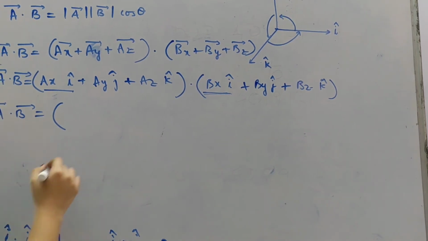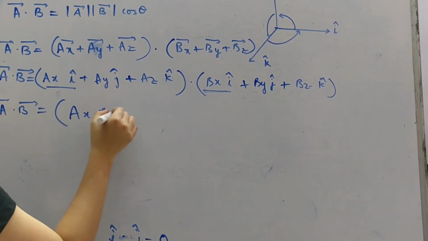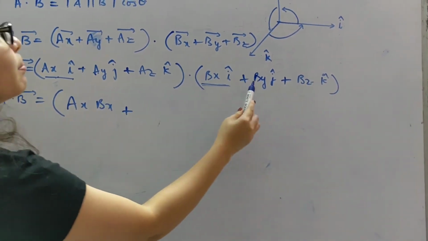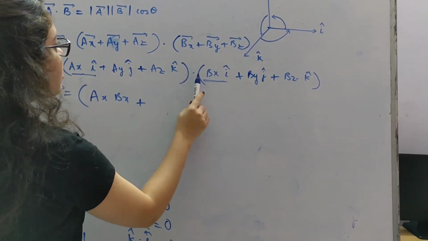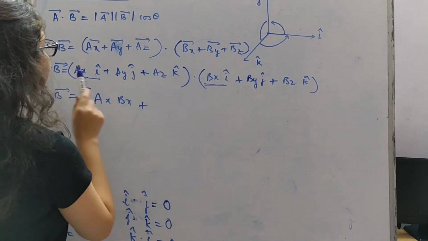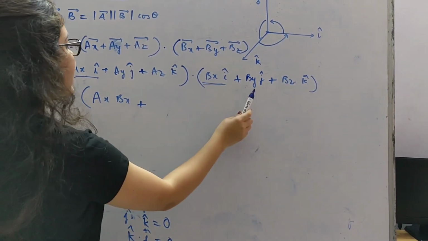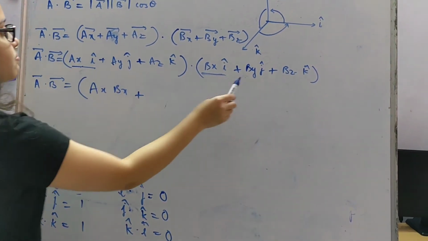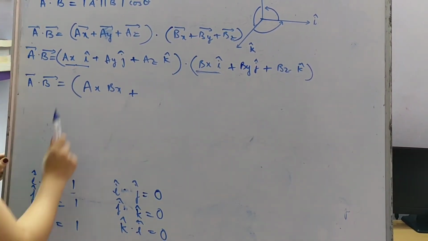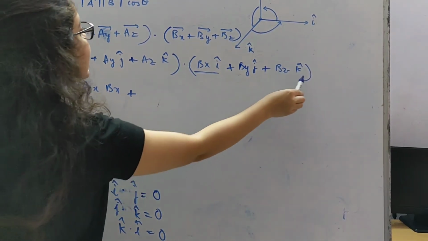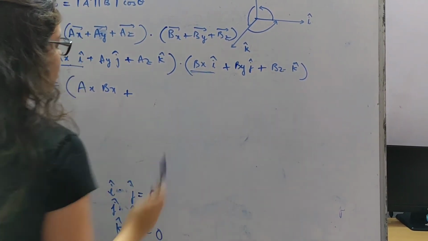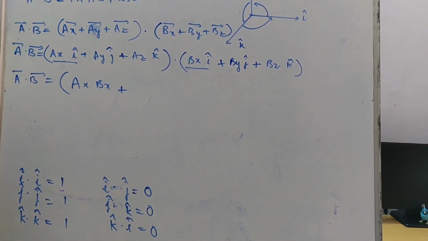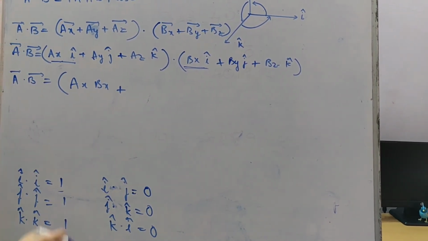I cap dot I cap is 1, so it will be Ax into Bx plus Ax I cap dot By J cap, but you know I cap dot J cap is 0, so this term will not exist. Again, Ax I cap dot Bz K cap will not exist, as I cap dot K cap is 0.